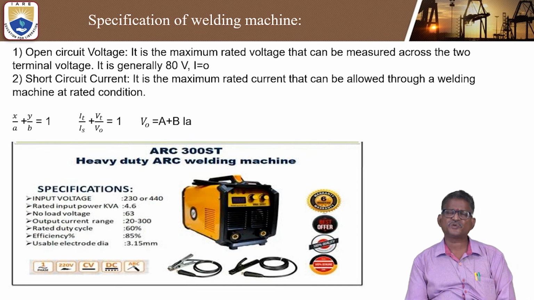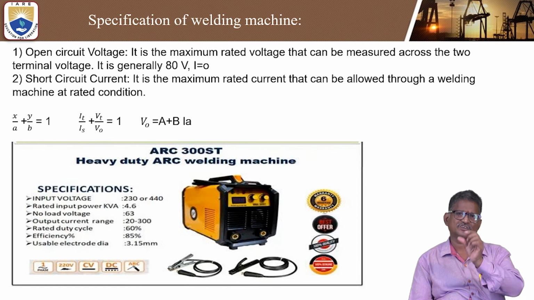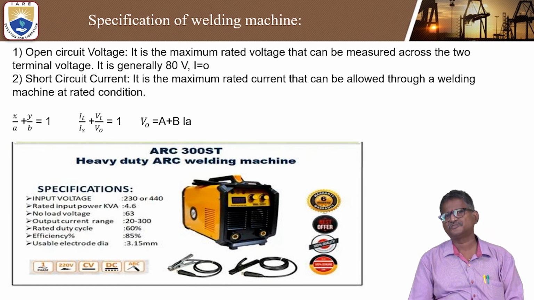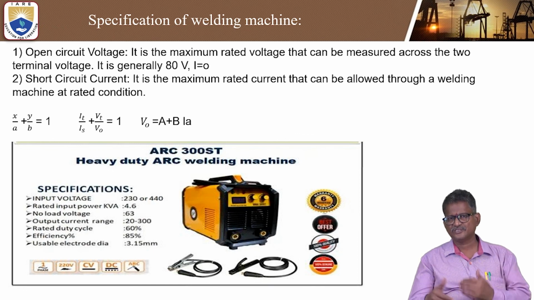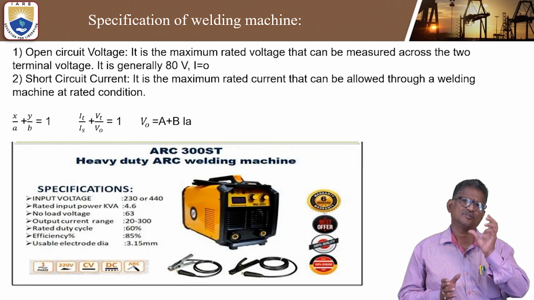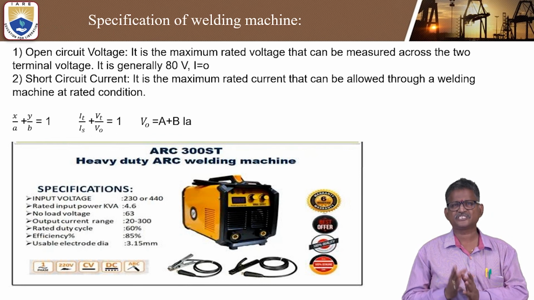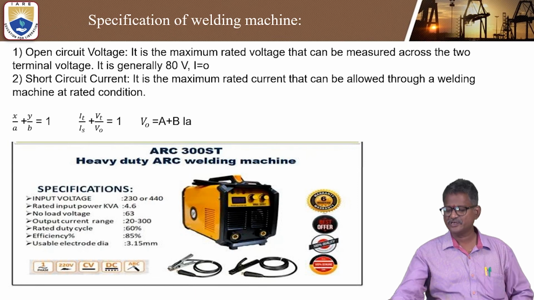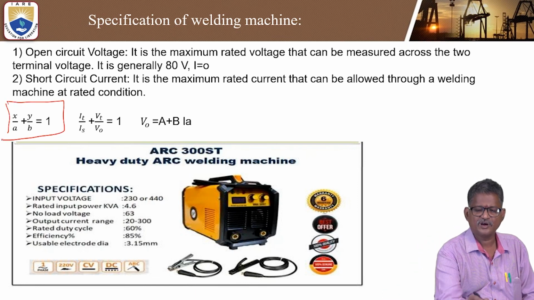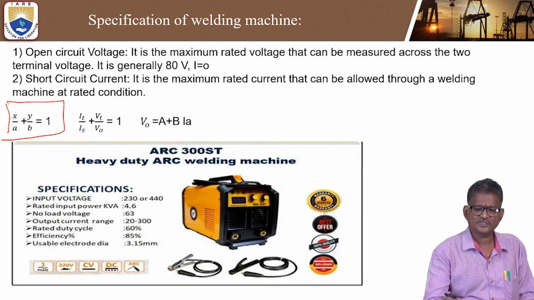Even while solving problems, they are asked to determine the short circuit current and the open circuit voltage. These two terms are very important. So in the next part, I would like to discuss how problems can be solved with these formulas. That is, x by a plus y by b is equal to 1. This is one formula for the open circuit voltage and short circuit current.